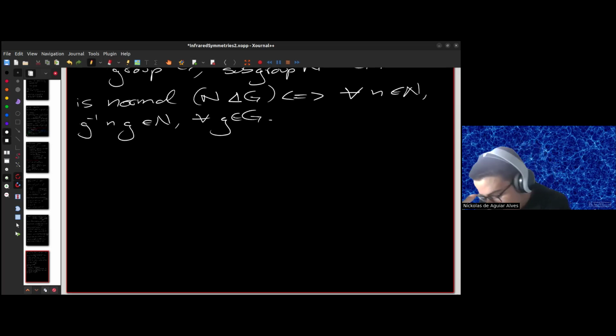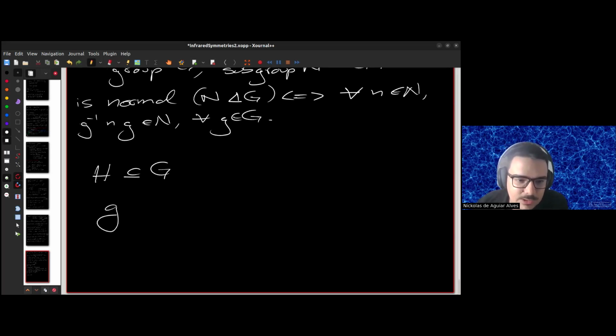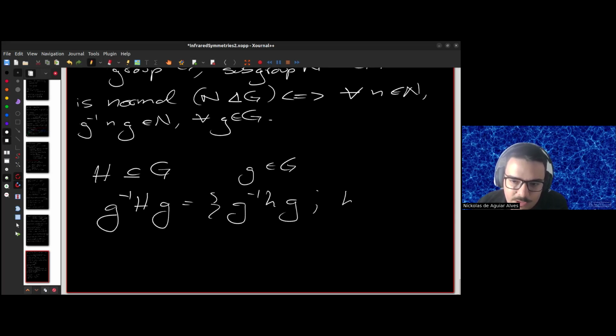Another important thing about normal subgroups is the following. Consider now that you have a subgroup H inside G. Now consider this new space, which is G minus 1. I'm picking G and G, and we just conjugate the whole group. So this is going to be given by the element G minus 1, H, G, where H lives in H. So we're going to consider this new space.